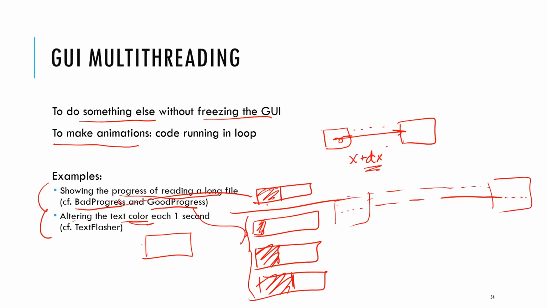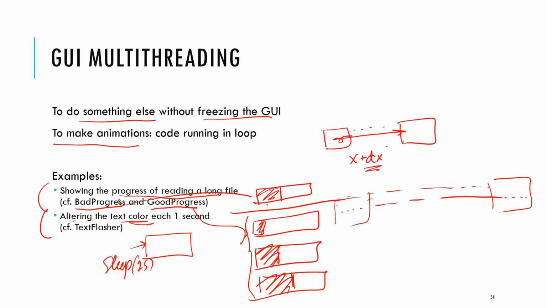But between the two flippings of the background color, we will sleep for maybe 1 second or whatever interval of time that you want. So in this case, you will see that the button is colored. It will wait for 1 second, then it will be removed. You see a white button for 1 second, then you see it back for 1 second, and so on and so on. And you will see this button flashing in front of you.